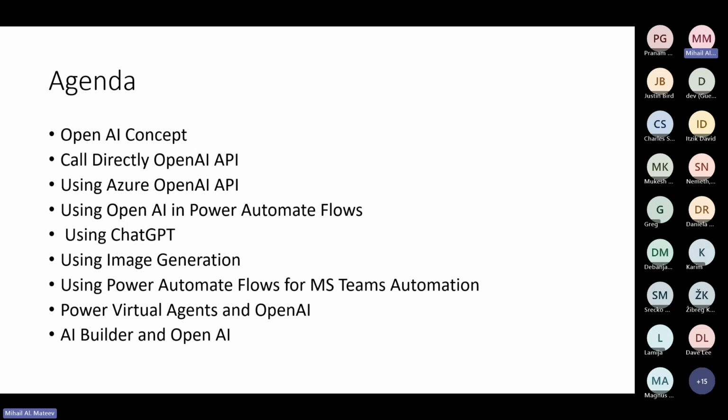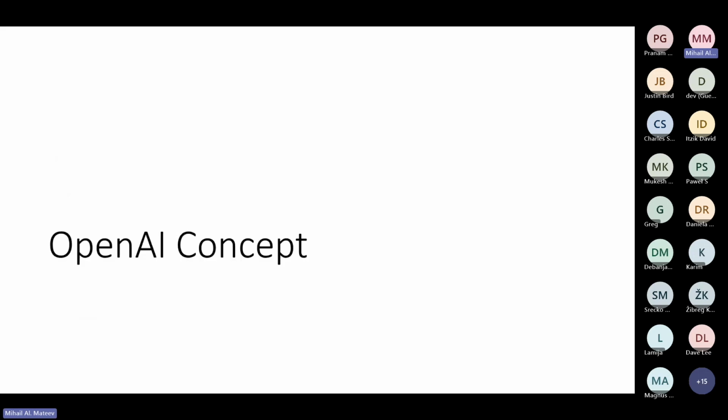And we'll also integrate Power Automate flows with Teams instead of having virtual agents and some more complicated solutions. You can see how with very simple techniques you can actually make chatbots using only Power Automate flows and integration with OpenAI. And probably I will share some additional details around other options to integrate OpenAI in Power Platform.